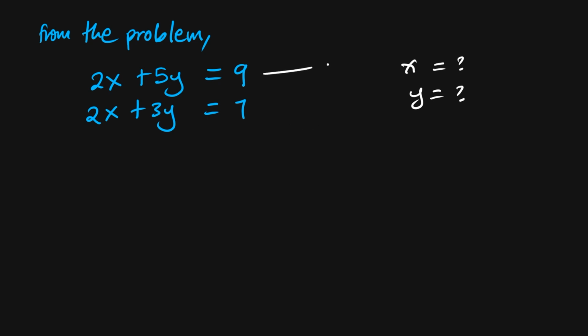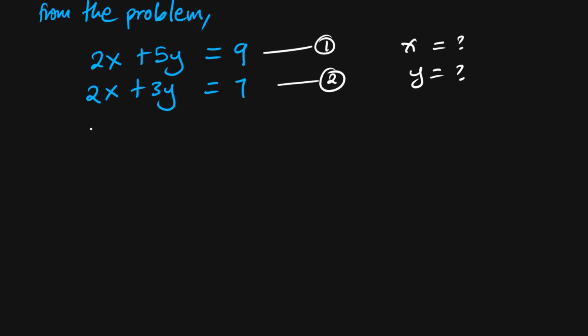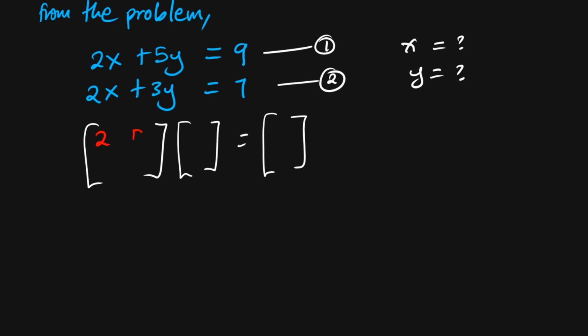So let's call this equation 1 and this equation 2. From linear to matrix form or compact form, this will become [2 5; 2 3] times [x; y] equals [9; 7]. Let's call this equation 3.